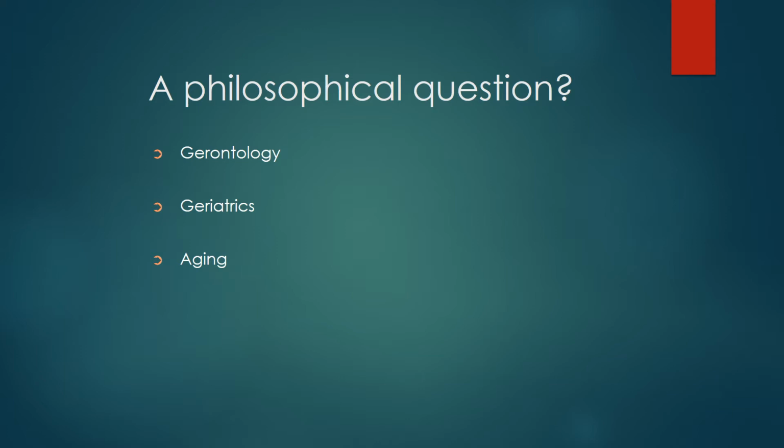And the other term that is sometimes used as a more generic term is aging. So when I was at the University of New England, we had the Division on Aging, which included a multidisciplinary staff, and so a number of different ways can be used to conceptualize it. There is a subtle difference in the way it's conceptualized.